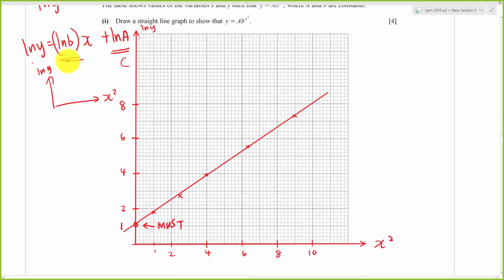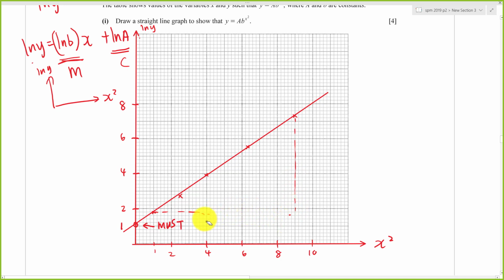And then I want to get B. ln B over here is my gradient. So for my gradient I need to take two coordinates the line actually touches. So let's say I will choose the first coordinate and the last coordinate maybe. And then normally if I want to indicate I use these two coordinates, I will draw a triangle for them using the dotted line.